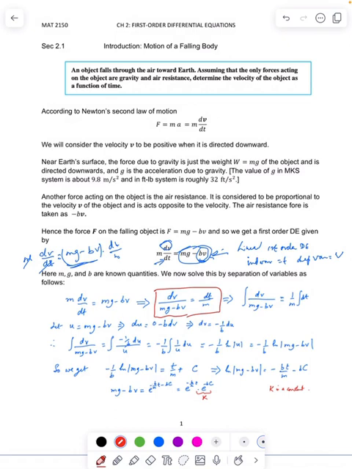Because now remember m, g, b, these are all numbers, so we can take u equal to this whole thing, mg minus bv.